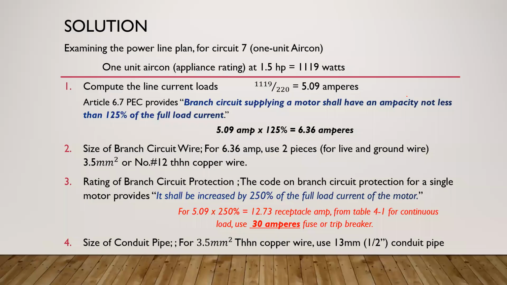So, let's go back to our circuiting guidelines. So we have 6.36 amperes. It would fall at the regular 20 amperes, but since our aircon is under the condition that it is a continuous load, we go to our table 4-1 for continuous load.